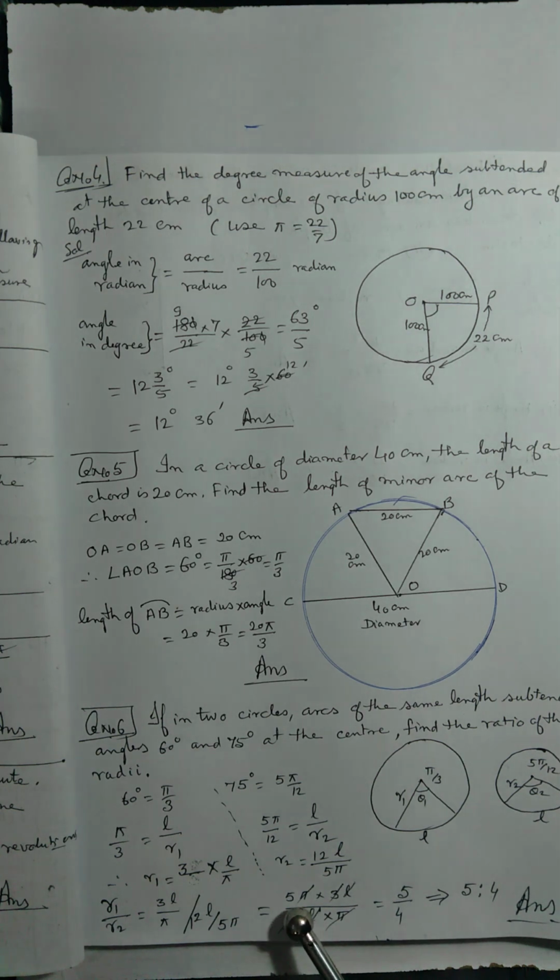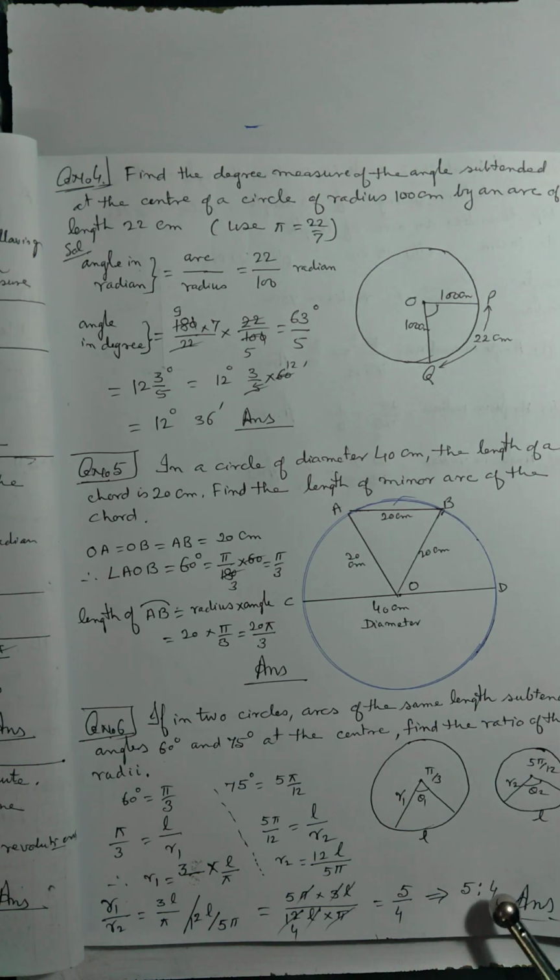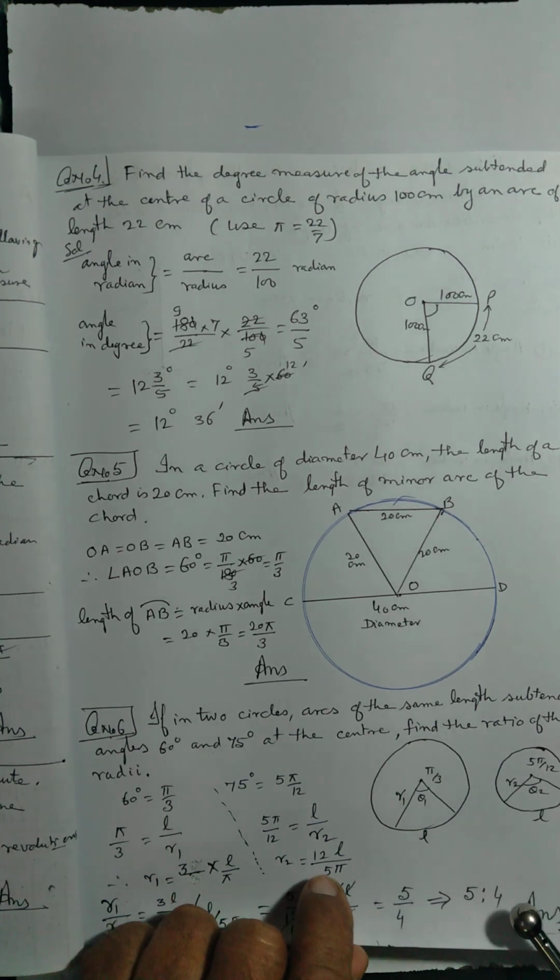Further solve it, you will get 5 pi into 3L whole divided by 12L into pi. Pi and pi will be cancelled, L will be cancelled, this 12 will be cancelled by 3. So we will get 5 by 4, that is equal to 5:4 ratio.